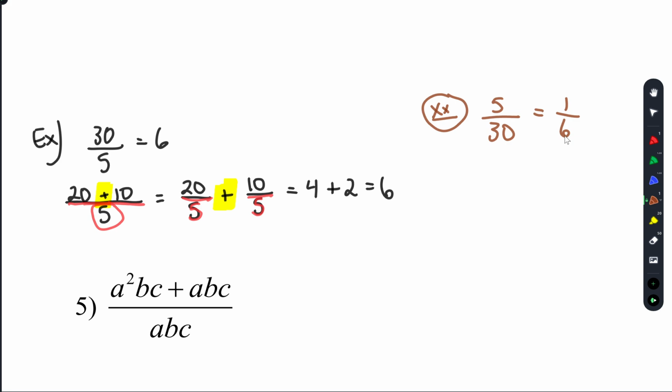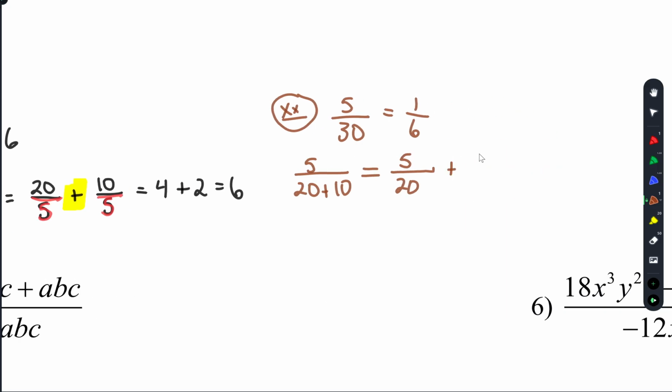So 5 over 30 is 1/6 because you reduce it. This is illegal. Like 5 over 20 plus 10. This is really, really bad. You can't break it up like this. So when it's adding on the denominator, it's really bad.